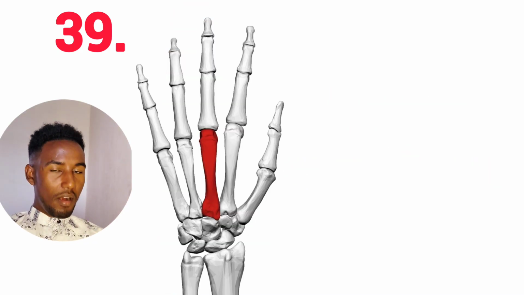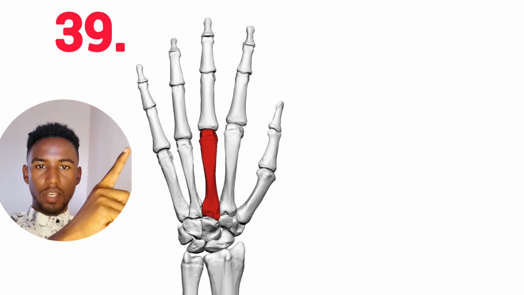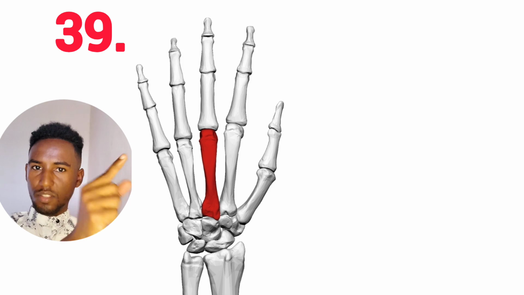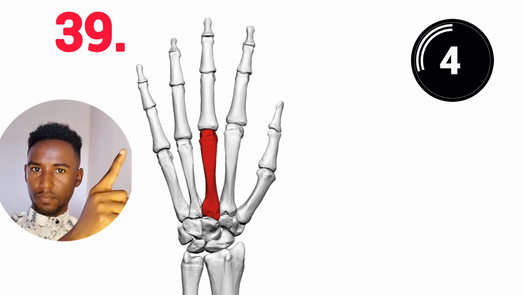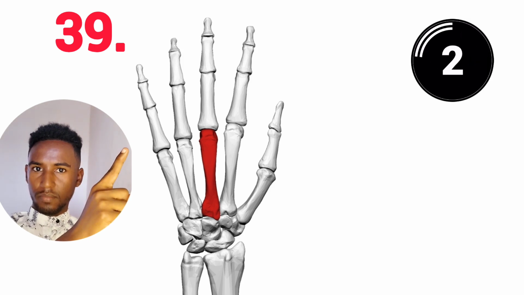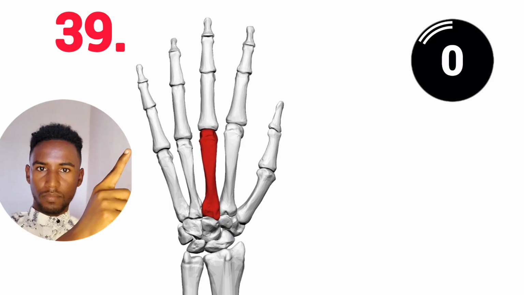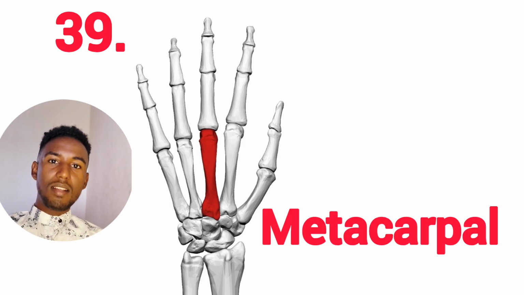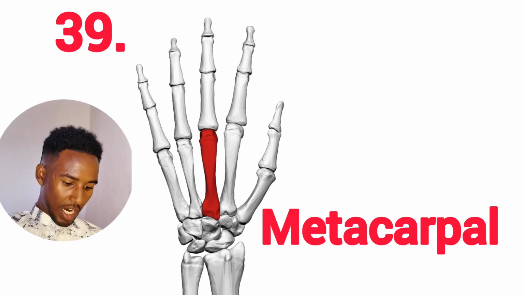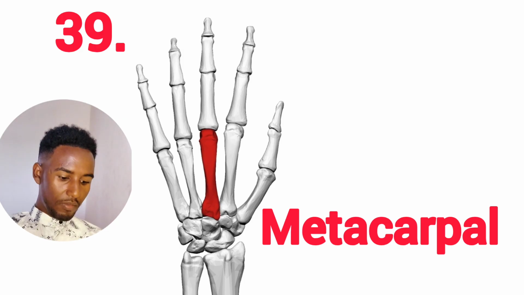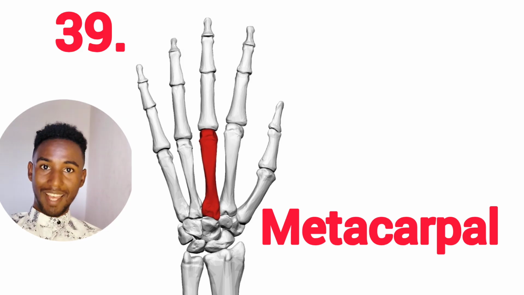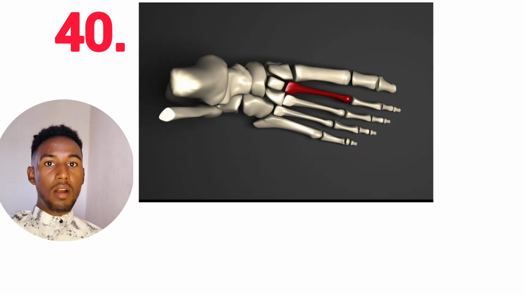Question number 39. Can you guess the name of this bone? It is the metacarpal bone. Metacarpal bone is one of the 5 long bones of the hand. Question number 40.